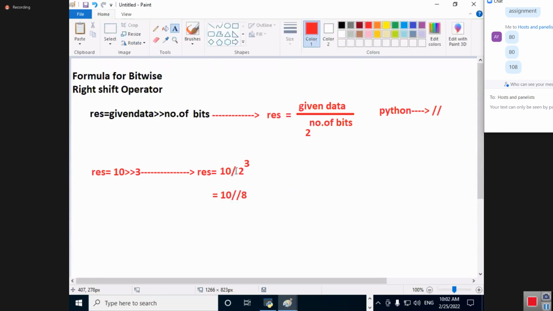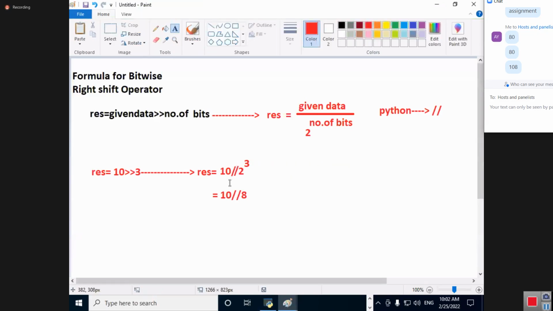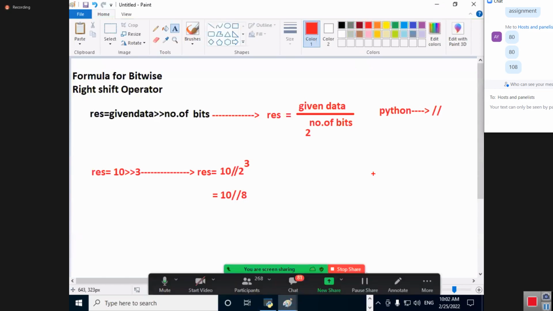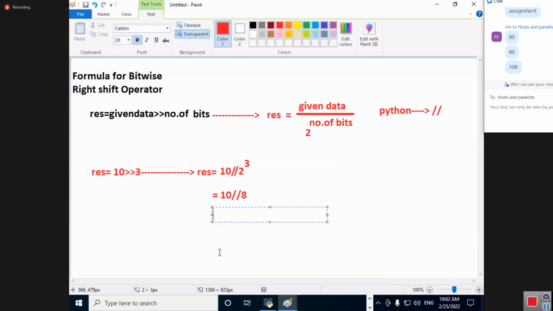Of course, it is the double slash only I need to apply; by mistake I wrote a single slash. 10 by 8 means the quotient is 1, remainder is 2. It will not take the decimal part. So the answer is 1. 1.2, 1.3, 1.4 will not come.